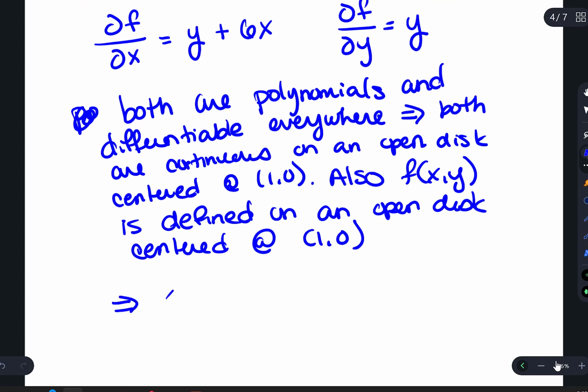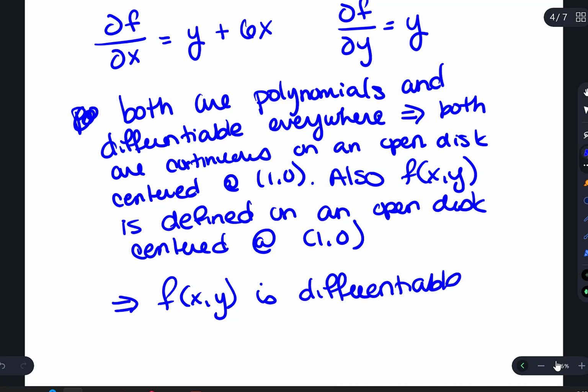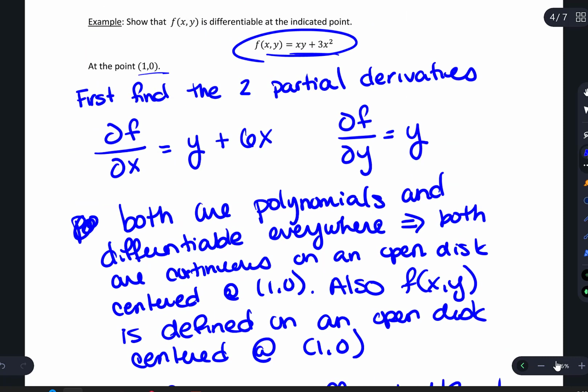And then therefore, f of x y is differentiable at x naught, y naught. And so what this means is we can define a tangent plane at the point 1, 0. And we could do that very similar to what we did on page 2 of the notes.